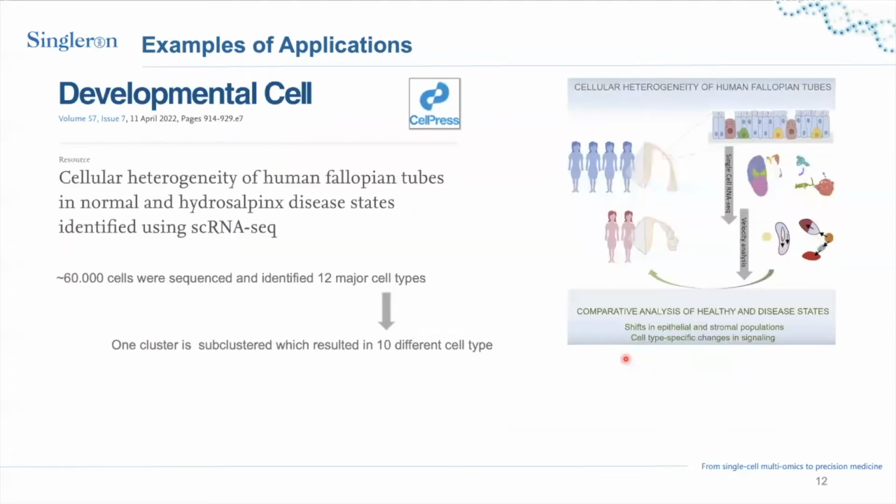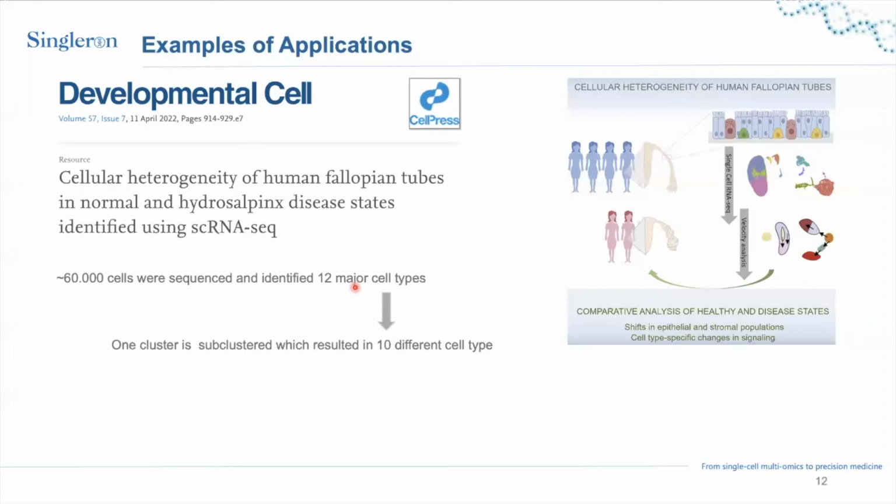Another application comes from Developmental Cell, published last week. Here, people looked at human fallopian tubes in the normal case and in the disease states, and they sequenced roughly 60,000 cells and identified 12 major cell types. As I mentioned earlier, we can do much more than that. If you want, you can subcluster those cells to look at how they respond to certain disease.